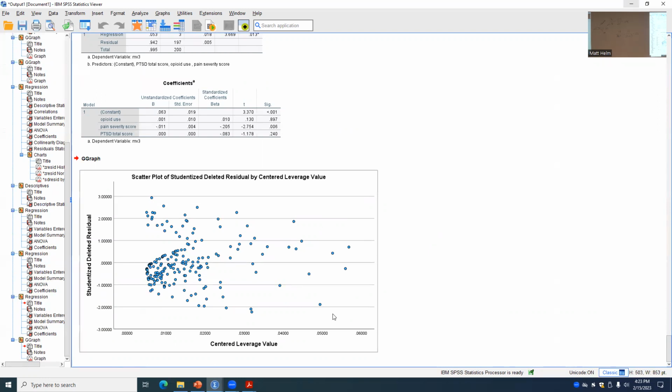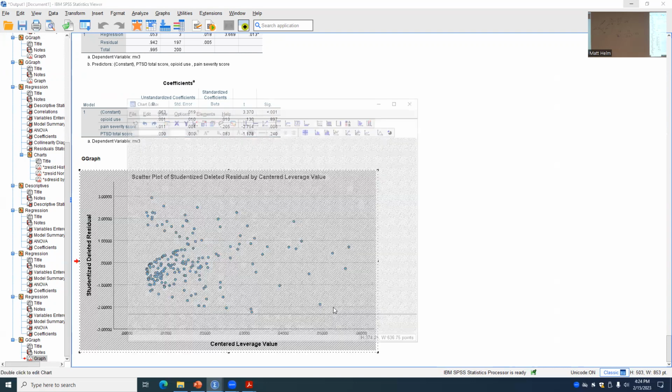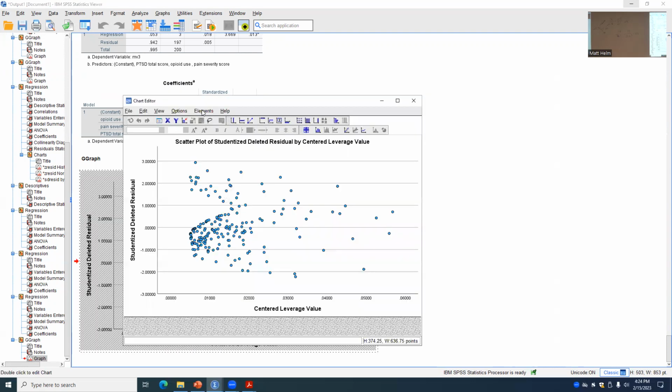Not anything too bad. I mean, maybe the most extreme, these folks are kind of out there in terms of centered leverages, but the residuals aren't that high. Maybe this case is really kind of the worst of what I can get, right? If I go through and I double click this, and I go to elements, I hit show data labels.